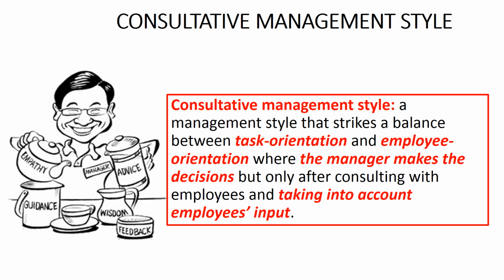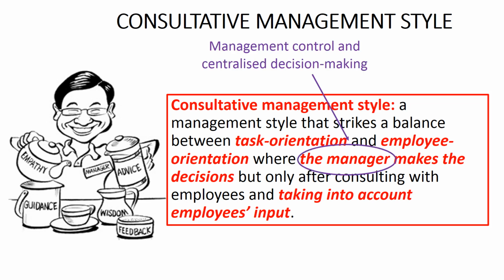These highlighted words refer to each of the three characteristics that are used to describe the different kinds of management styles. You can see that this definition expressly refers to task orientation and employee orientation. The reference to the manager making the decisions is a reference to a characteristic of this management style as being that there is a reasonable degree of management control and centralized decision-making.